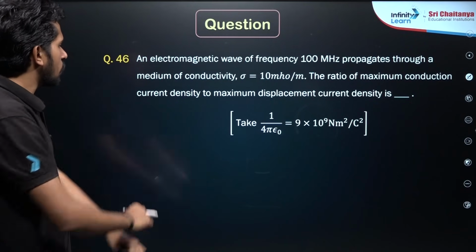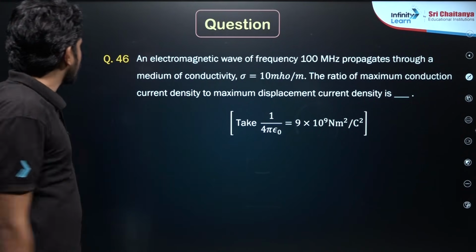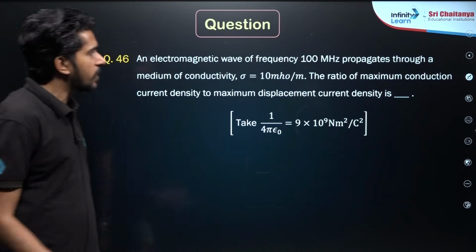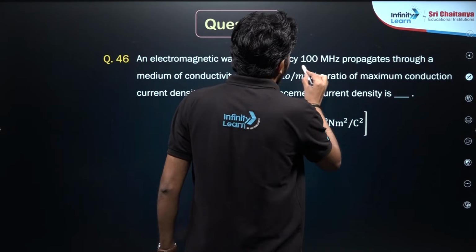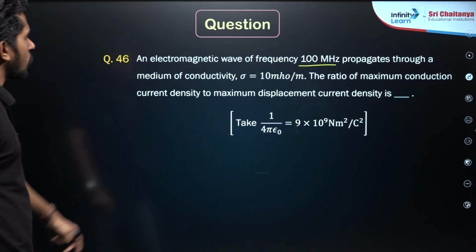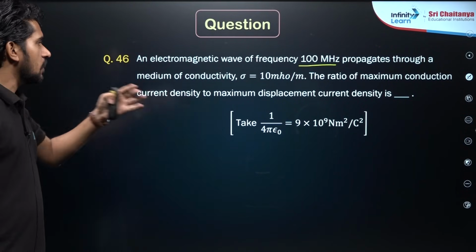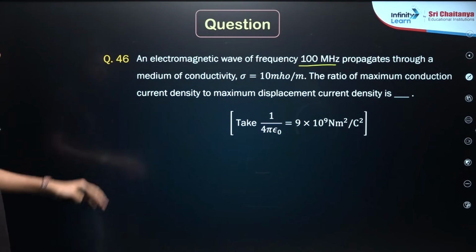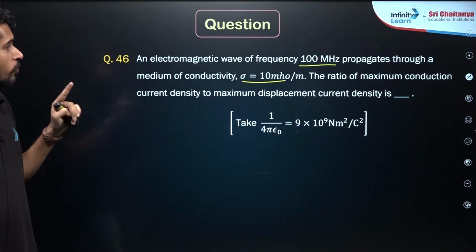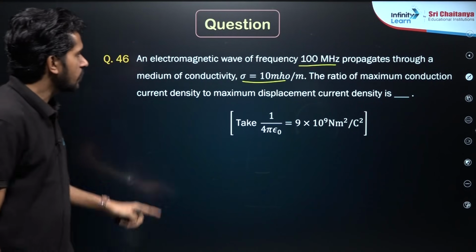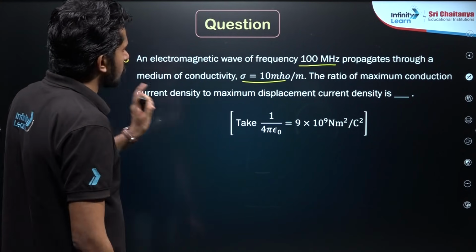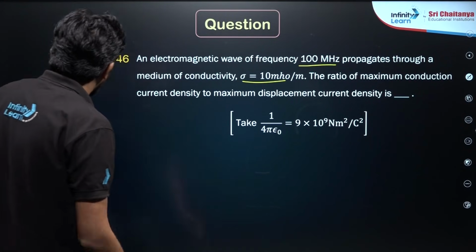That question number 46. In 46th question, we have an electromagnetic wave of frequency 100 megahertz. Okay, 100 megahertz propagates through a medium of conductivity sigma, mho per meter. The ratio of maximum conduction current density to maximum displacement current density.